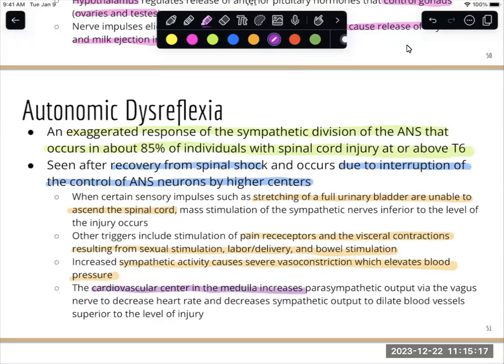Cardiovascular center increases parasympathetic output, which will decrease the heart rate, decrease sympathetic output, dilating blood vessels above the injury.